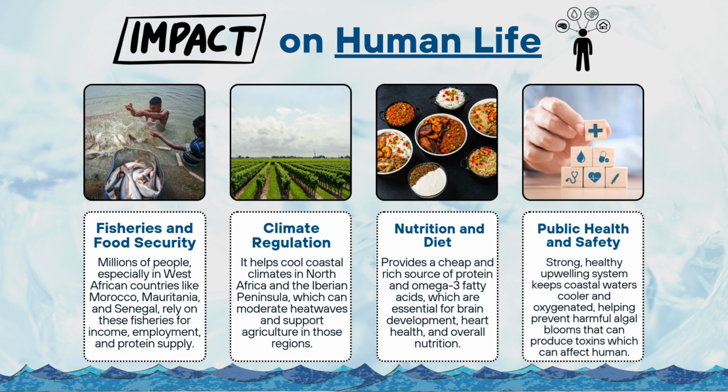It also supports our diet by providing affordable protein and essential omega-3s that benefit our brains and heart. On top of that, healthy ocean systems protect us with cooler and oxygen-rich waters that reduce harmful algal blooms that can produce toxins. So, a thriving ocean doesn't just support marine life, it directly supports ours too.